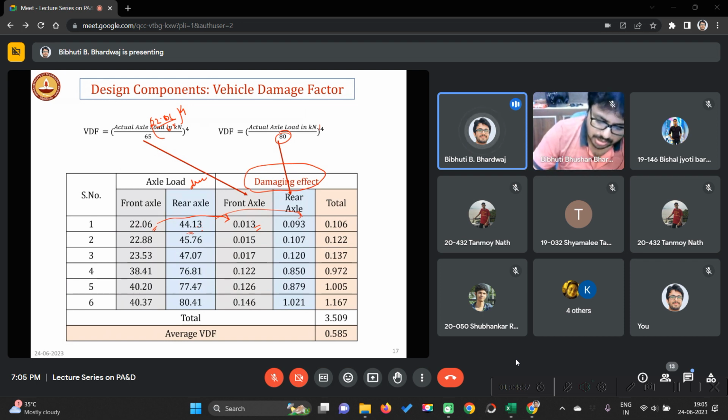So the damaging effect, you can simply add this plus this. That is for one bus. 0.013 plus 3.496, like that. Even if you don't do that, that is okay, but it is simply added, 3.509.